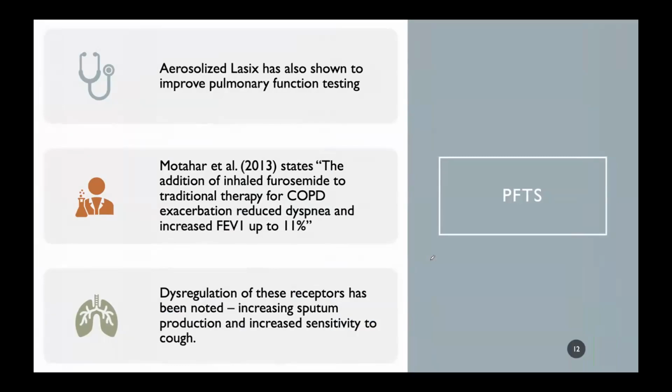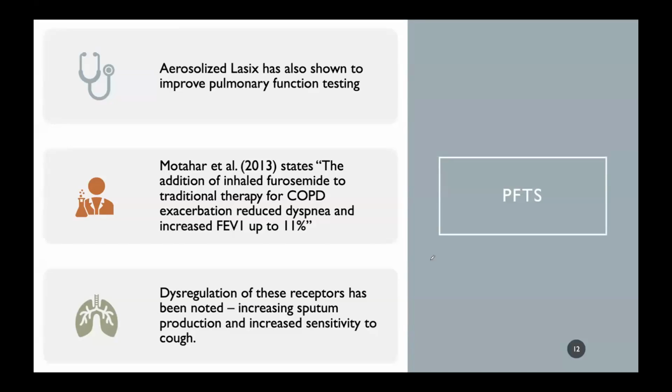If we're causing a new type of bronchodilation on top of the bronchodilation that we already have via calcium wasting, prostaglandin synthesis, things that we're not providing to the patient right now, do you think there would be an increase in baseline lung function? Probably. Researchers state that the addition of inhaled furosemide to traditional therapy for COPD, oh yeah, 11%.